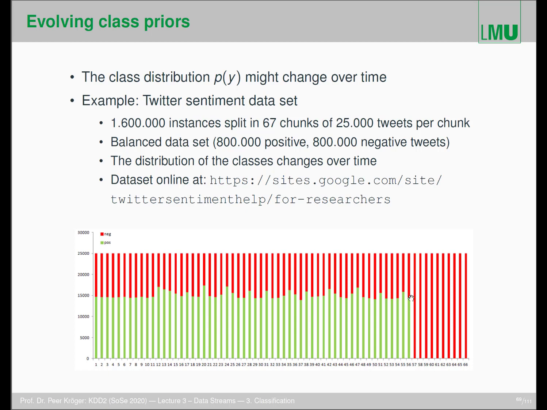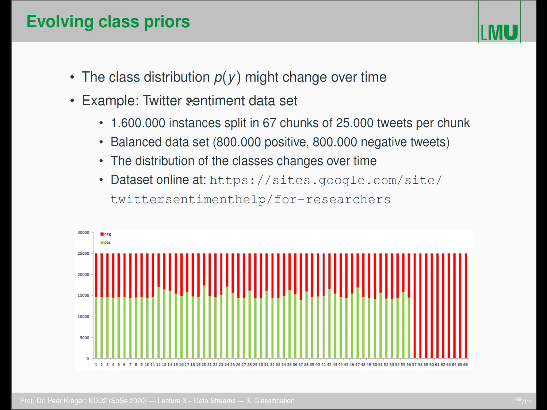In this chunk, from this chunk on, all of a sudden we only have negative tweets. Because overall we have a 50-50 balanced data set, and since we have a little bit more positives here, we have to somehow even it up for the whole balance. So from here on, in all those chunks only negative tweets show up.